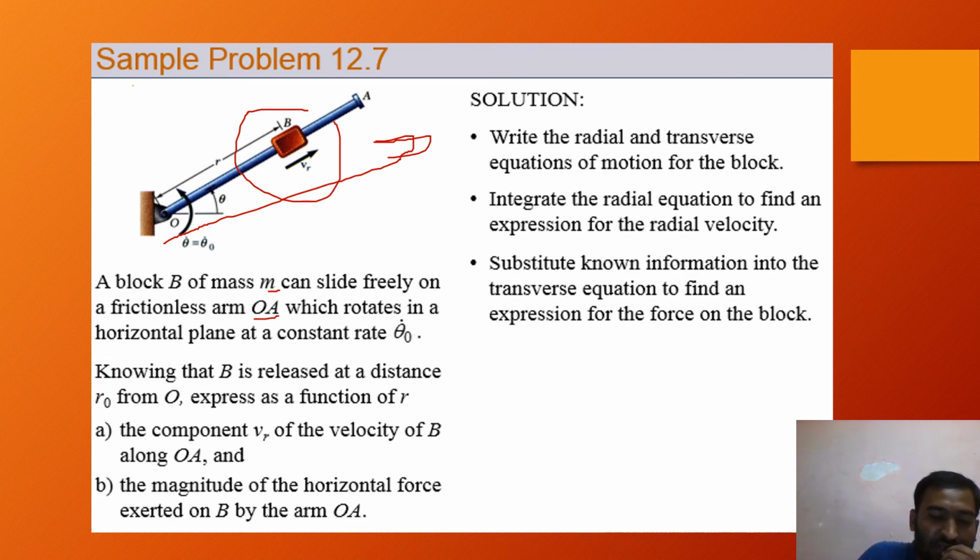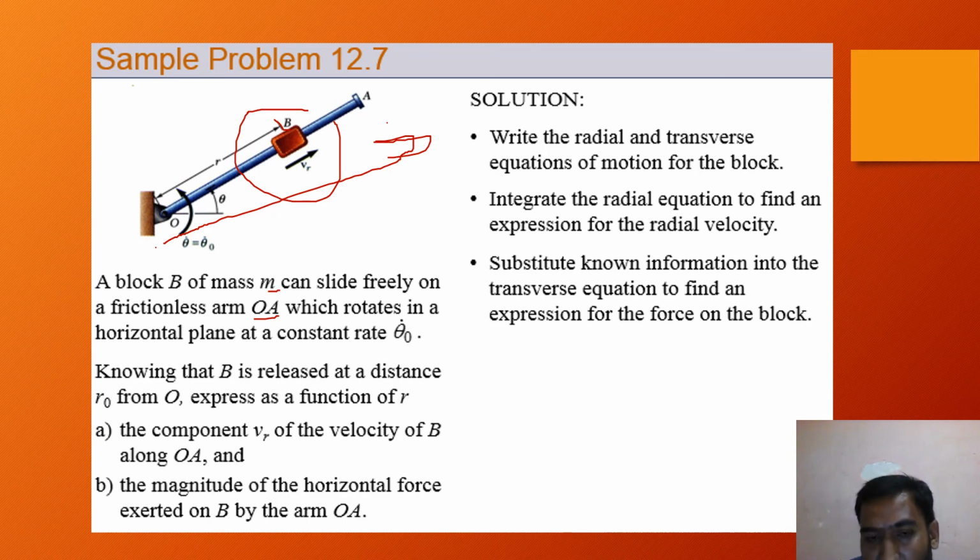What we know in this question is that B is released at distance r0 from O. Express it as a function of r. What we need to calculate is, part A, the component v_r of the velocity of B along OA, and part B, the magnitude of the horizontal force exerted on B by the arm OA.